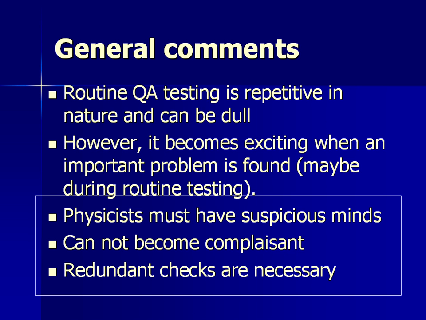So we always try and look for things that are wrong. So as I said, we can't become complacent. And the number one thing about QA is that redundant checks are necessary.